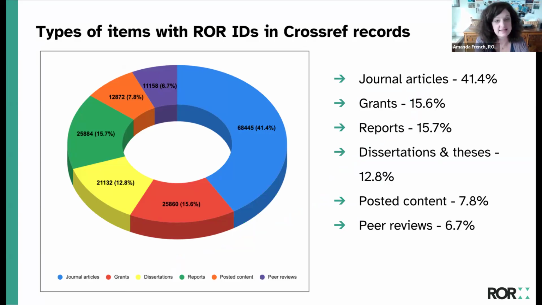But now, as is to be expected, more publishers are using ROR IDs, especially for author affiliations. And so most item types that have ROR IDs in Crossref are journal articles. But we do have other item types where ROR IDs are used, usually for, in the case of grants, principal investigator affiliations, reports, dissertations and theses, and posted content, which is often blog posts and peer reviews.